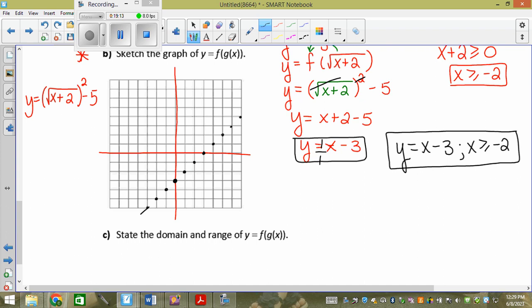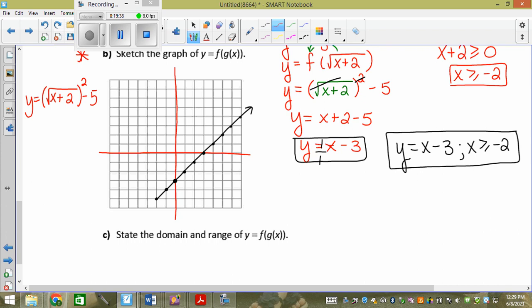And I have this line. But my problem is I have to erase the line up to -2, not including -2, but up to it. So this is gone, all the way up to that closed dot. And I keep the closed dot. Why do I keep the closed dot? It's equal to. Does that make sense?